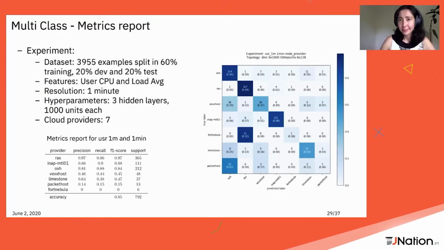And for this, of course, the metrics were very poor. So this gave us the inspiration to try if a model using unsupervised learning would be able to cluster and group all these cloud providers with a higher support in the dataset, with a higher amount of samples in the dataset.